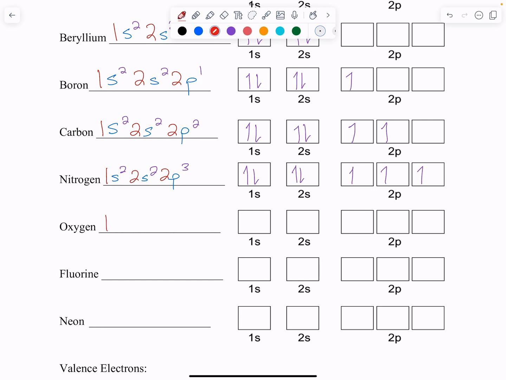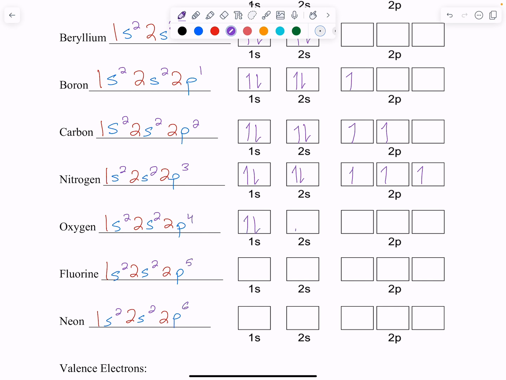They're all going to be 1s2, and 2s2, and 2p, but it's going to go p4, p5, p6.